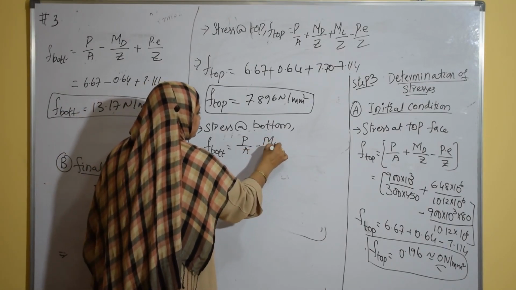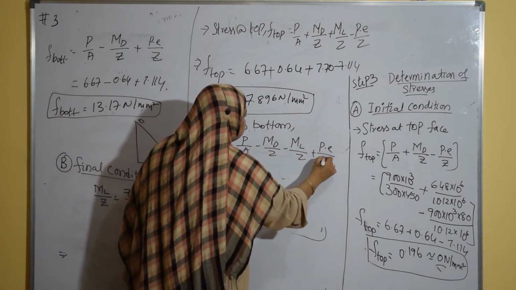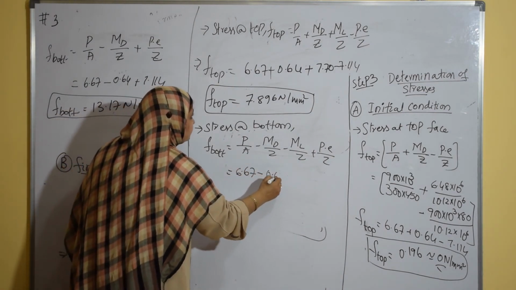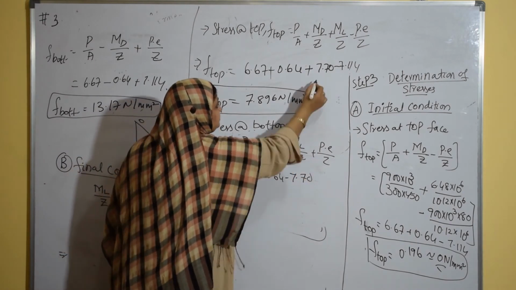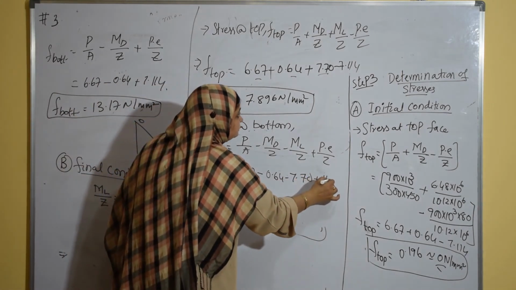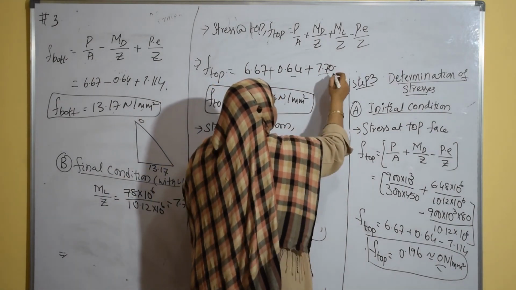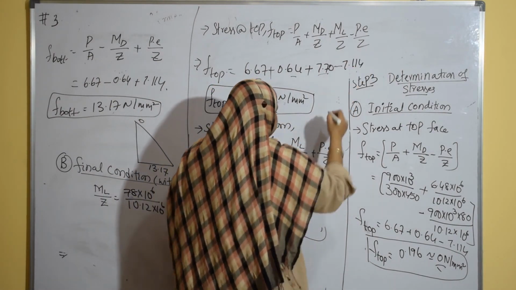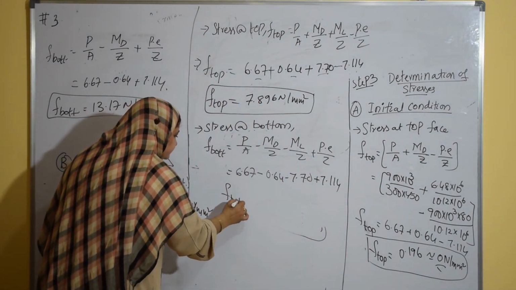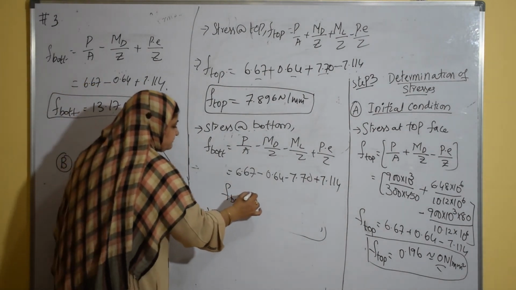P by A minus MD by Z minus ML by Z plus PE by Z. Simply change the signs. 6.67 minus 0.64 minus 7.70 plus 7.114, PE by Z. So F bottom comes out to be 5.44 Newton per mm square.